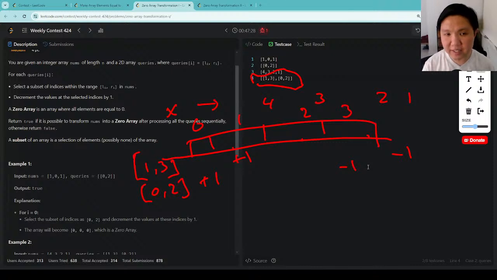So instead of just adding the value, what I can do is I can append a pair which contains the index, the len of queries.